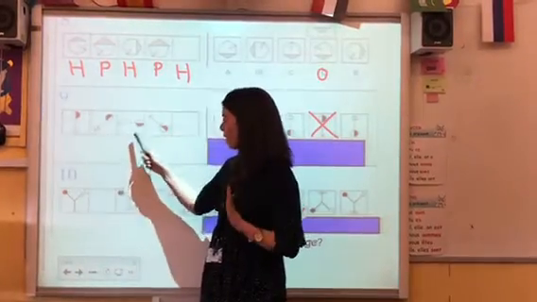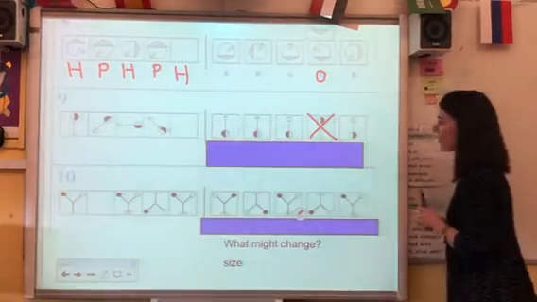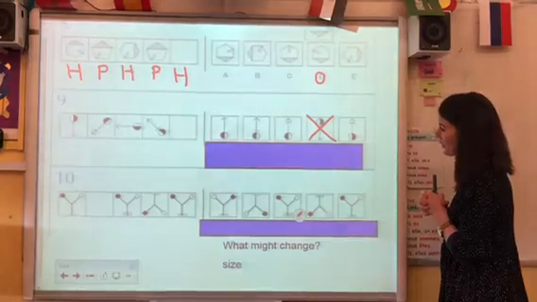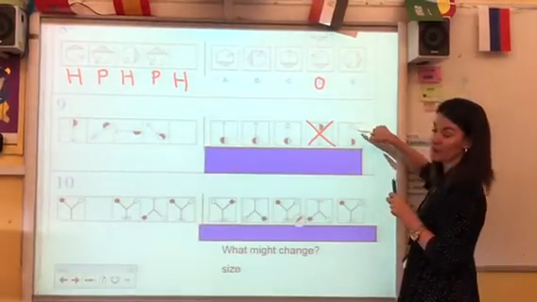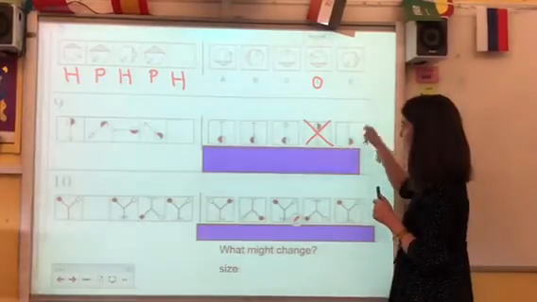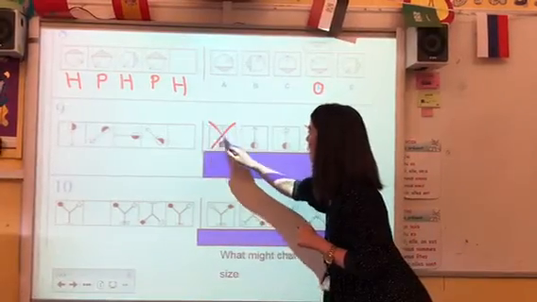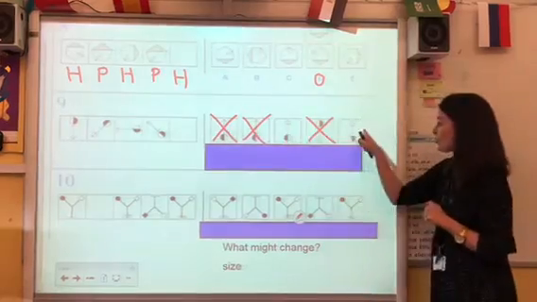Top, bottom, no line. Top, bottom. So now I'm thinking, if the line is going to be at the bottom, that's a bit confusing because when I say bottom, I mean it's near the arrowhead, but we're pointing up, so it's actually at the top. But that means it can't be that one because that's got no line at all. It can't be that one. It's going to have to be these two here.